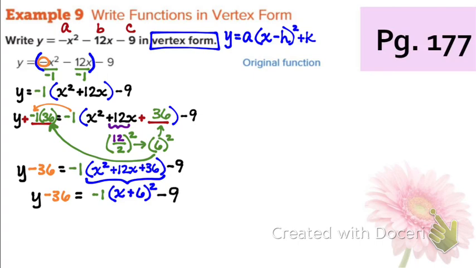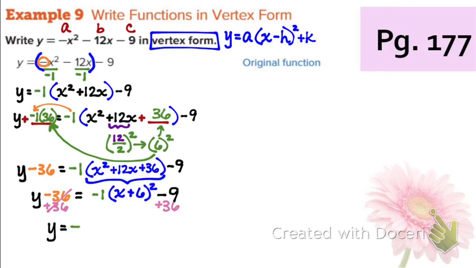What's the last thing I need to do to this to get y all alone so that I have it written in this form here? Plus 36 on both sides. So I'm going to add 36, add 36. Y equals, I have a -1 out in front.